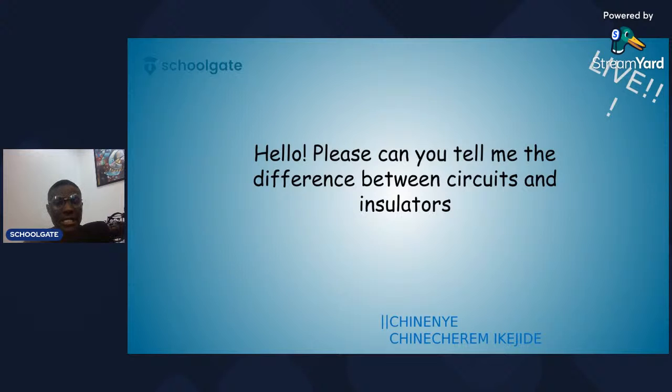This student is asking for the difference between circuits and insulators, and I'm sure you all know what circuits are and what insulators are, but for the sake of this question, we are going to revisit it again and make sure you have a proper understanding of what a circuit is, what an insulator is, and what the major differences between circuits and insulators are.